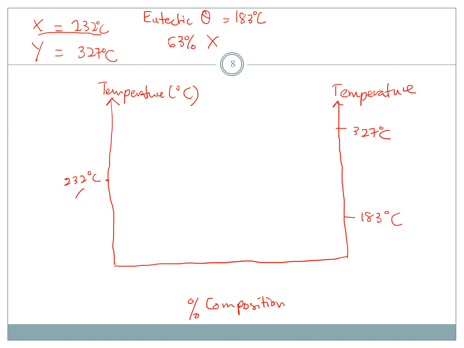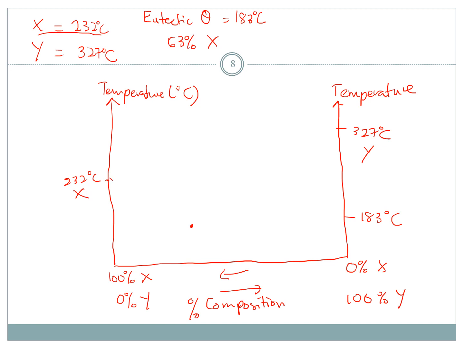And then the composition for eutectic mixture is 63% of X. So this one is for X. So this one will be 100% X, 0% X. And this one 0% Y, so 100% Y. So the eutectic mixture is 63% of X. Let's say here.